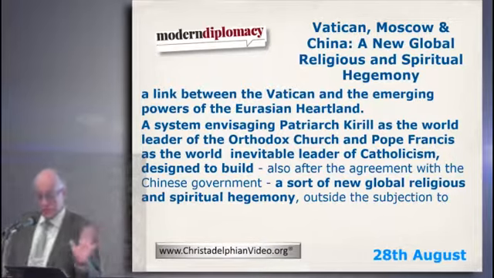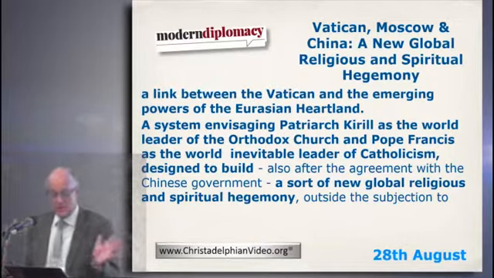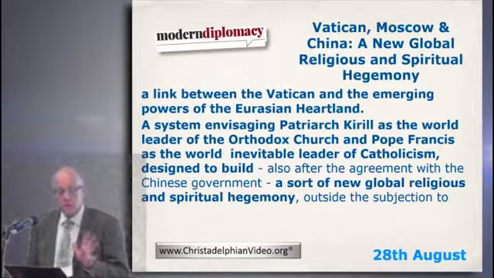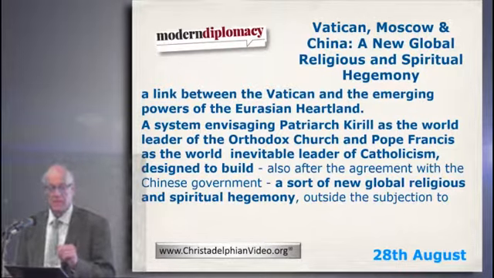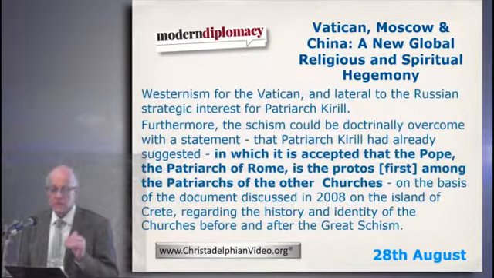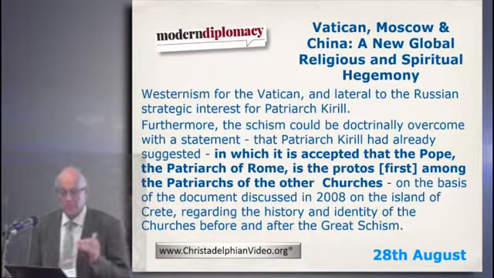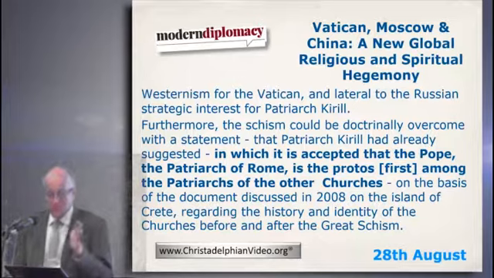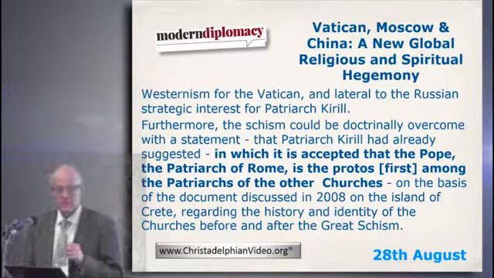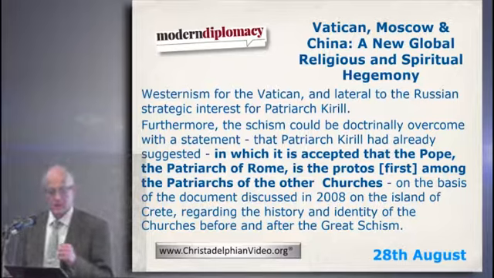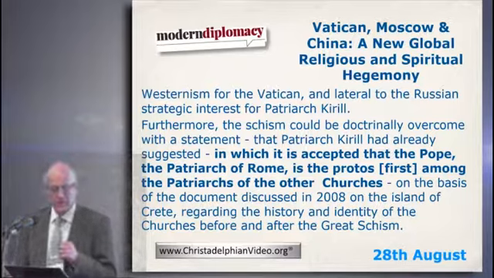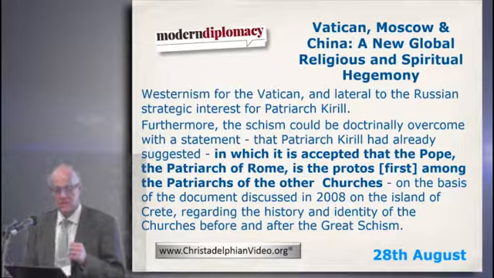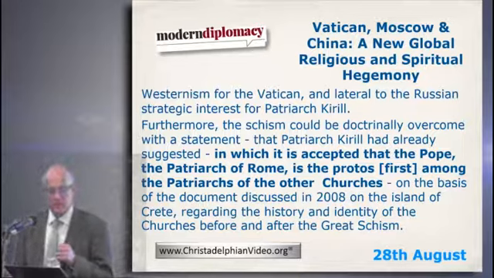Furthermore, the schism which exists between the Orthodox Church and the Roman Catholic Church could be doctrinally overcome with a statement that Patriarch Kirill has already suggested, in which it is accepted that the Pope, the Patriarch of Rome, is the protos, the first among the patriarchs of the other churches, on the basis of a document discussed in 2008 on the island of Crete, regarding the history and identity of the churches before and after the Great Schism.